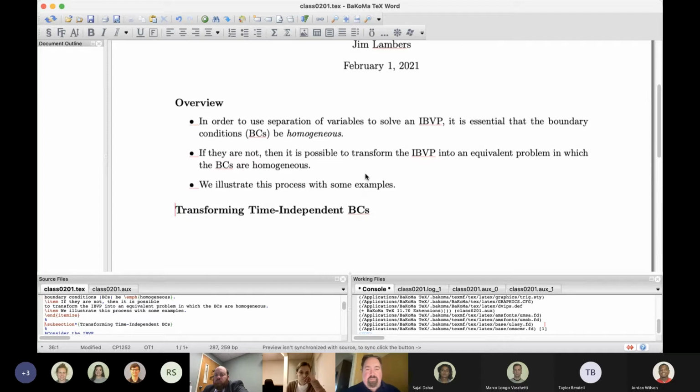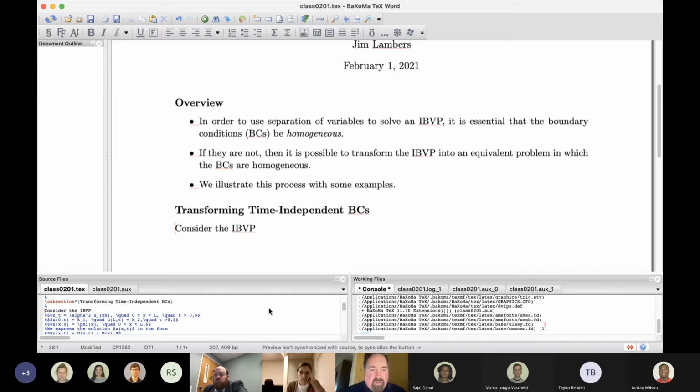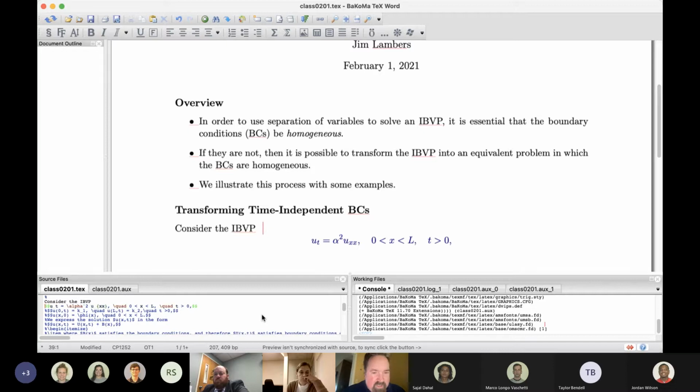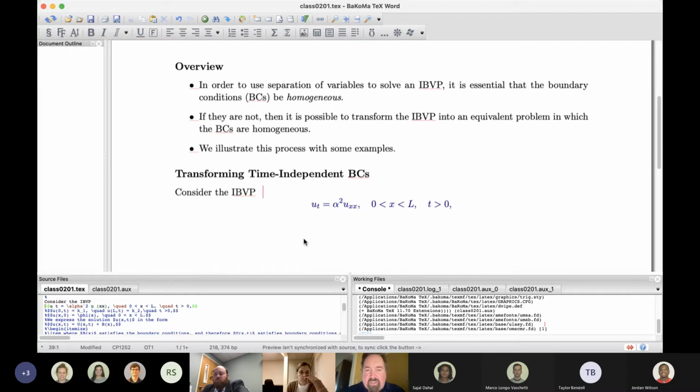First, I'm going to assume that the boundary conditions are time independent. I'm going to give you a sample IBVP, or initial boundary value problem. Same PDE, the heat equation, on some interval 0 to L. And the boundary conditions are not homogeneous.